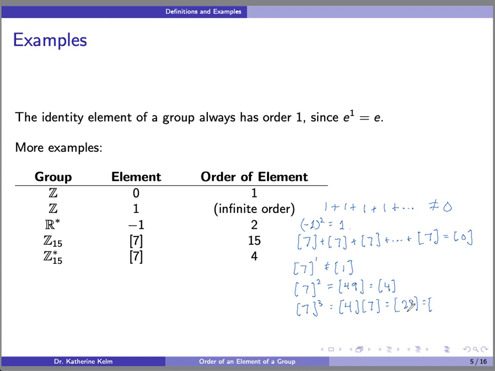So that's the class of 28, which is the class of 13. It's also the class of -2. And finally, 7 to the 4 is 7 cubed times 7. So that's the class of -14, which is the class of 1. Since 4 is the smallest power that we can take the class of 7 to get the class of 1, the order of the class of 7 in Z15 star is 4.